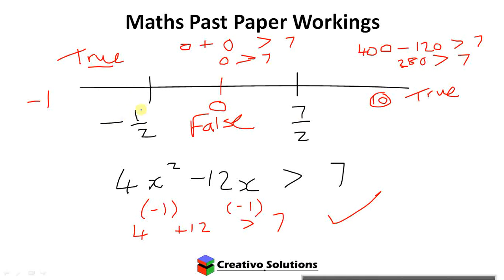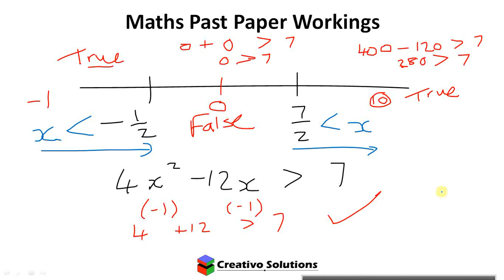Okay. So final answer, just put in the x's. X here, x there, and then put your symbols. Right. So there's the one answer, and there's the other answer. The question said evaluate or solve? What did they say? Just reread it.